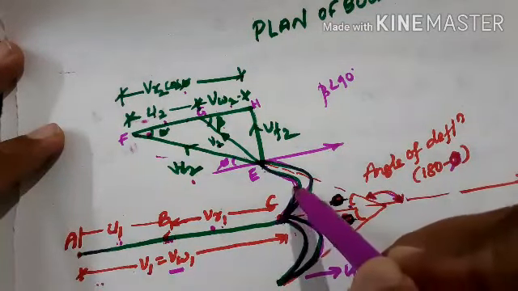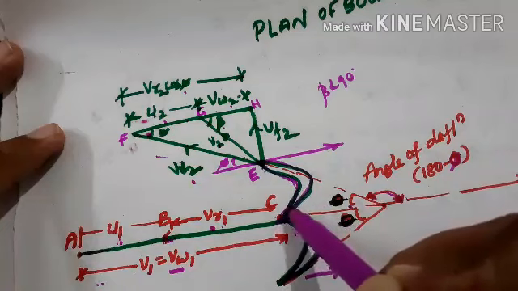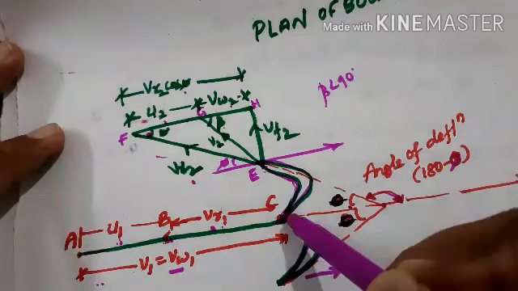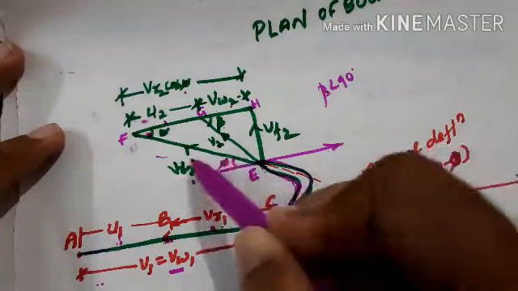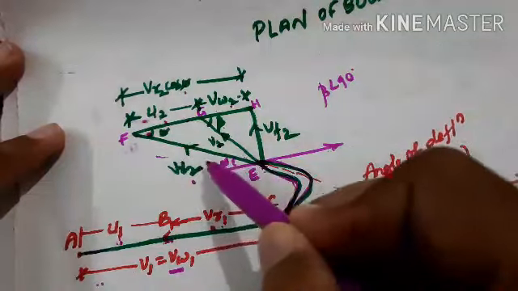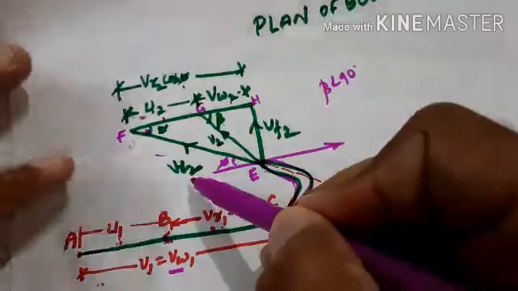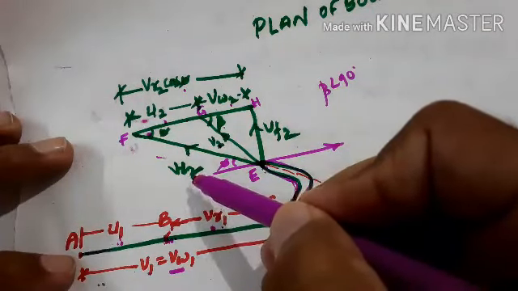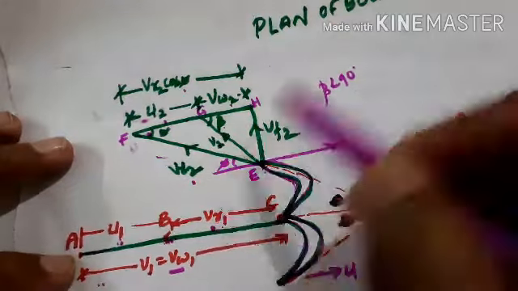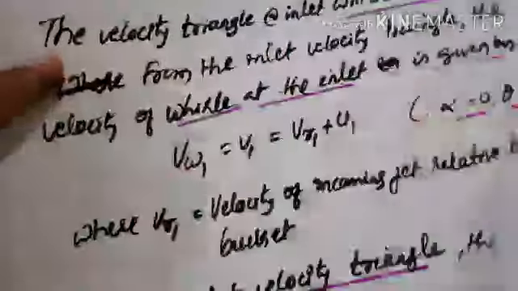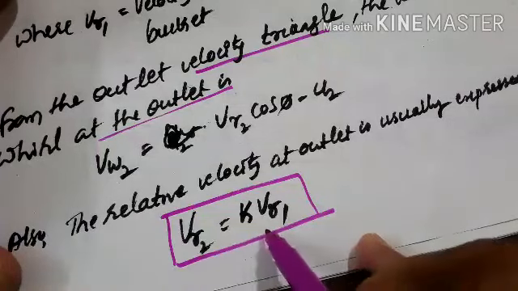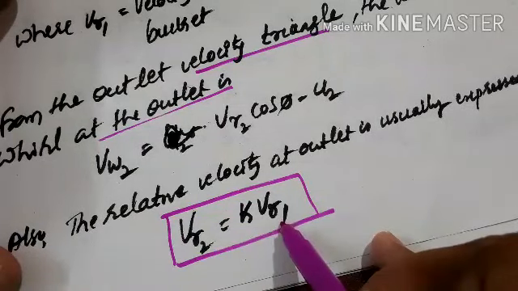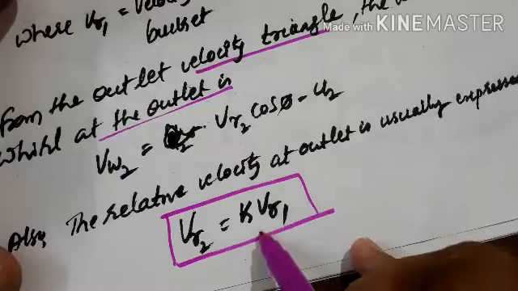Since in a blade passage there are losses due to friction, the outlet relative velocity will not be equal to Vr1 because of the losses. Because of that, Vr2 will be k times Vr1.